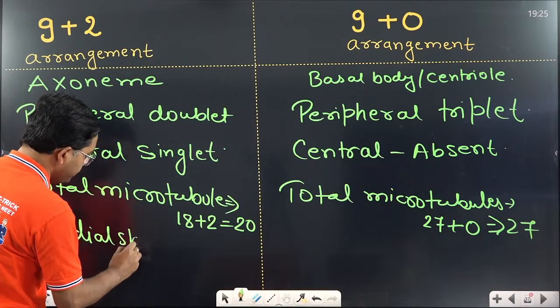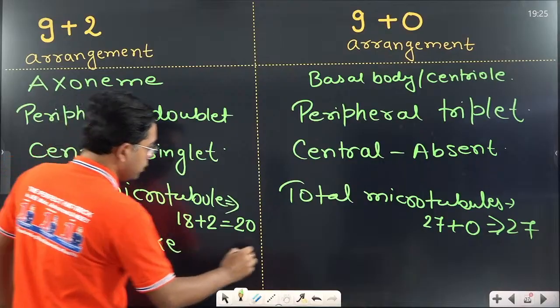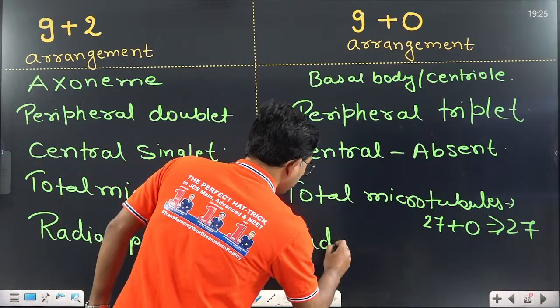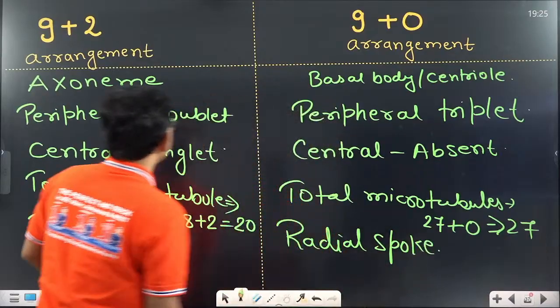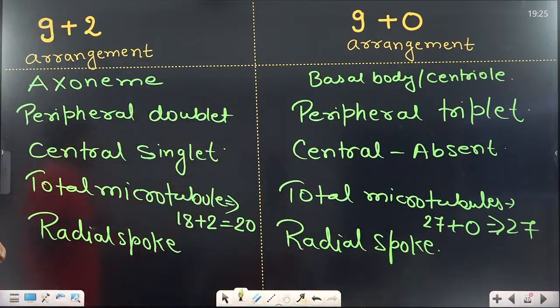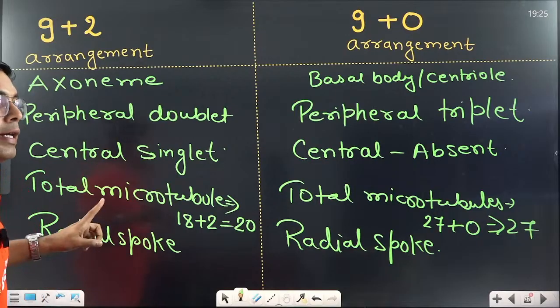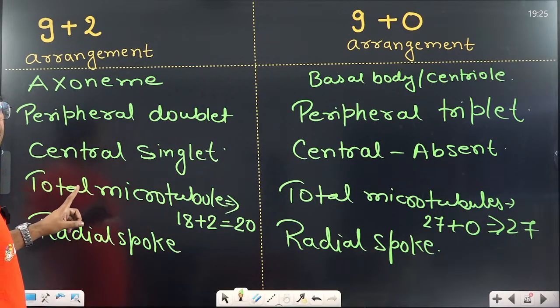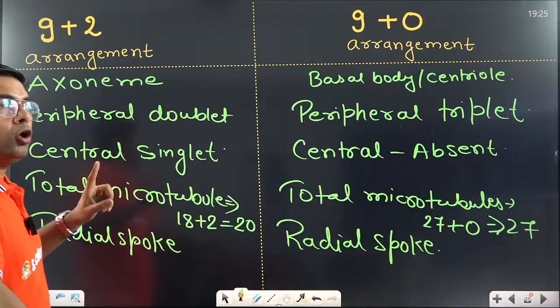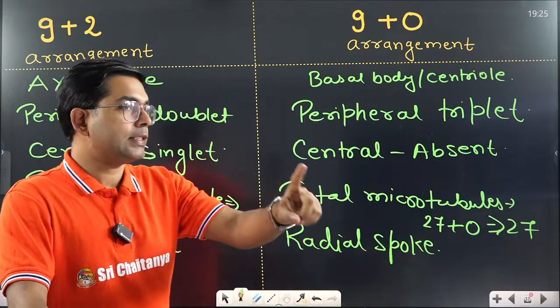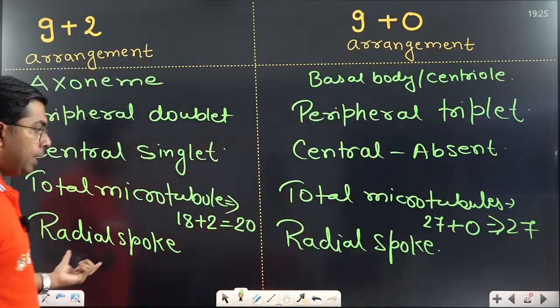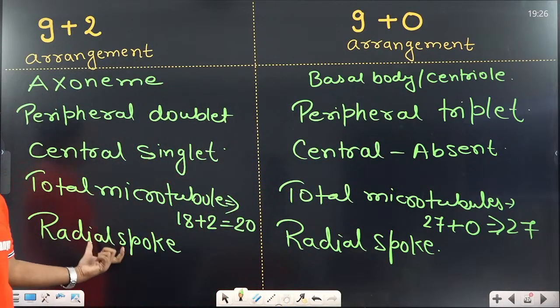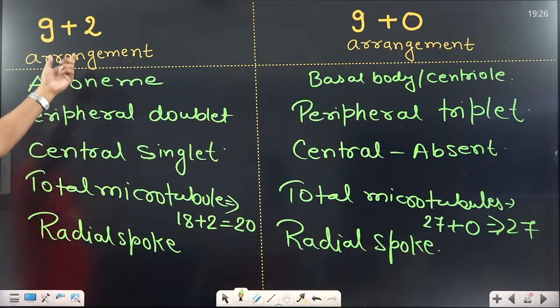Now, radial spoke. How many here? Tell me. Those of you answering 27 is correct for total microtubule, very good. But now I am asking about radial spoke. How many radial spokes in 9+2 arrangement?